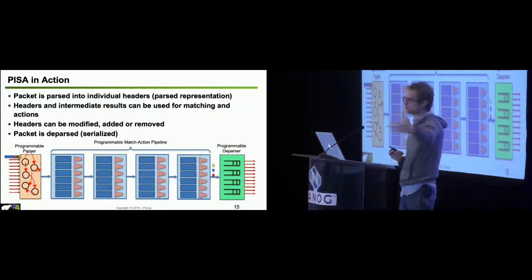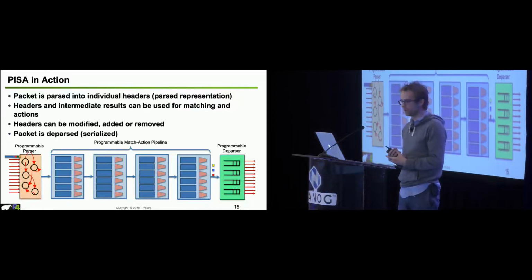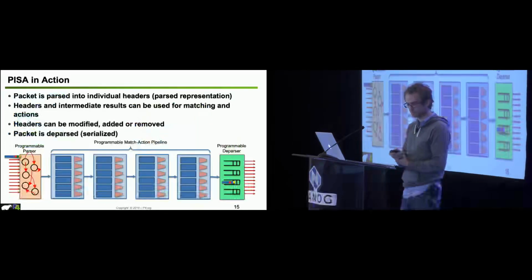Obviously, from one match action table to the next, you can carry with you what we call metadata, which are some extra fields which are not included in the packet, but which are useful for you to determine what to do next with your packet. And finally, the set of headers goes through the programmable deparser, and your packet is serialized again.